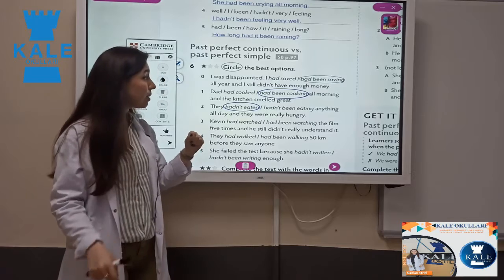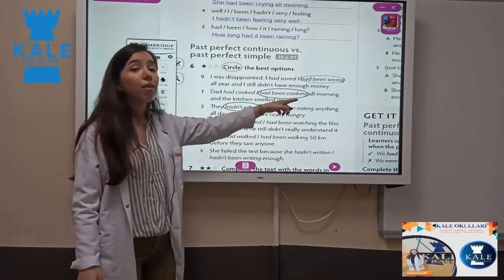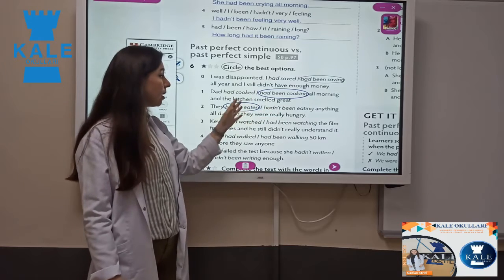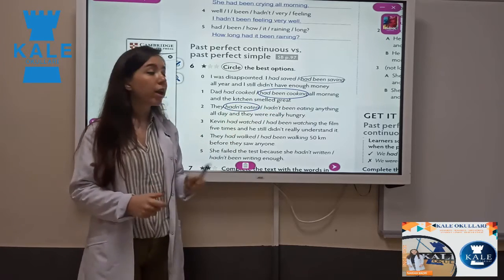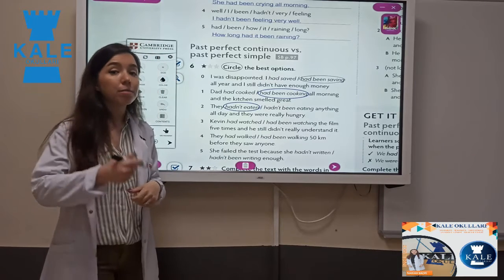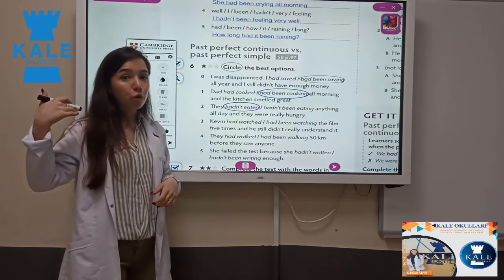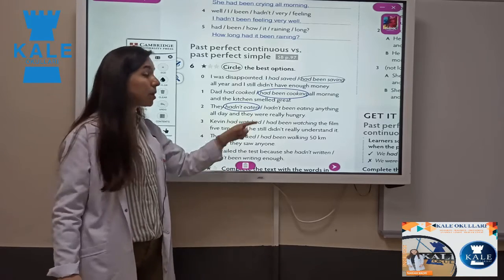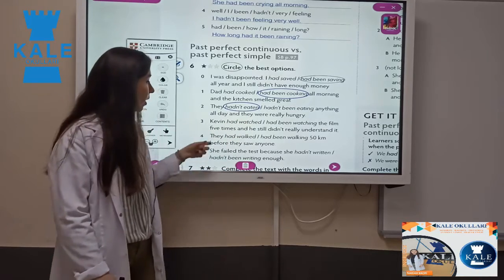If we say all morning like this, we can say they hadn't been eating anything all morning and they were really hungry. But here we have another sentence, they were really hungry. It means something before another time in the past: they hadn't eaten until this time finished, and because of that they were really hungry.